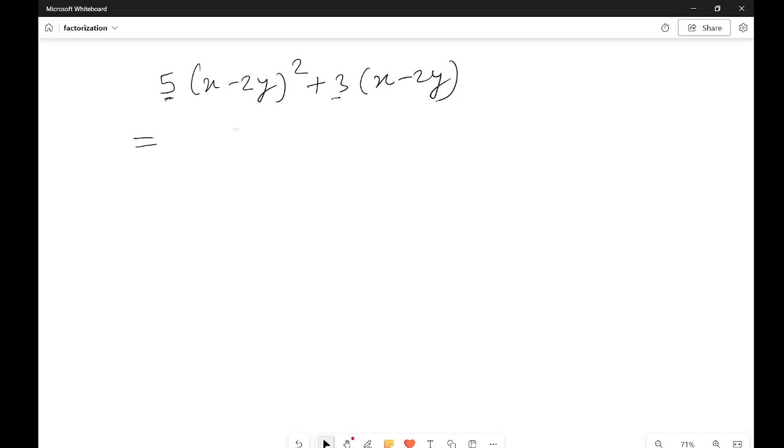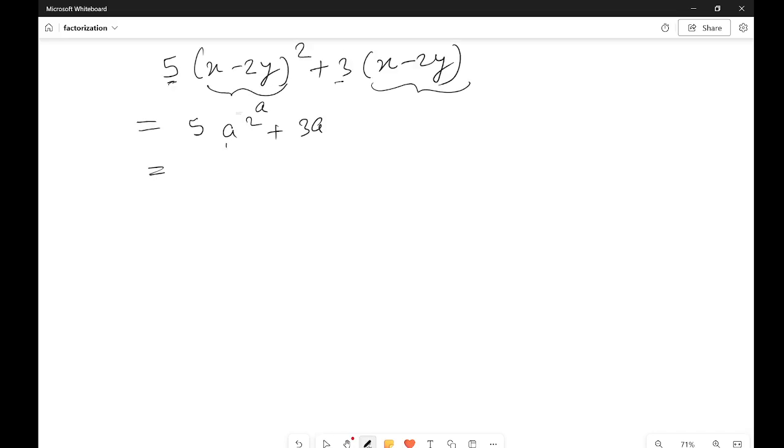But now the variable part, if I consider x minus 2y as a, I can write this as 5a square plus 3a. Now do you see anything common? Yes, it's easily visible. a you can take common. So what will I have here? a times (5a plus 3). Now just simply replace the a with x minus 2y.